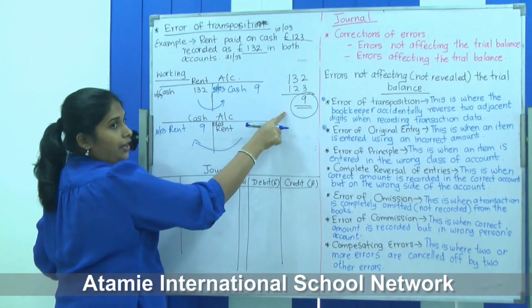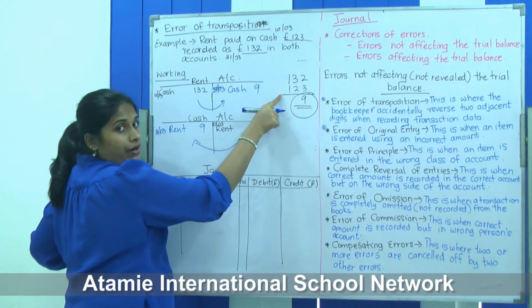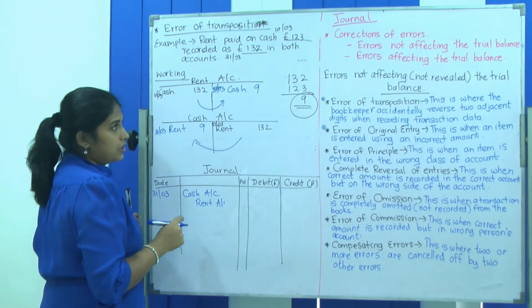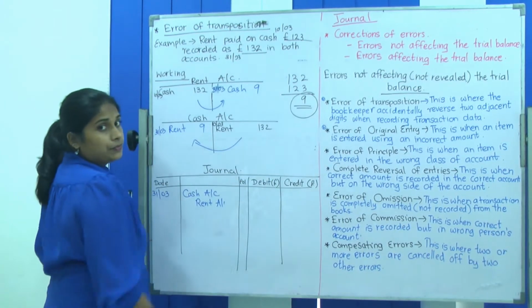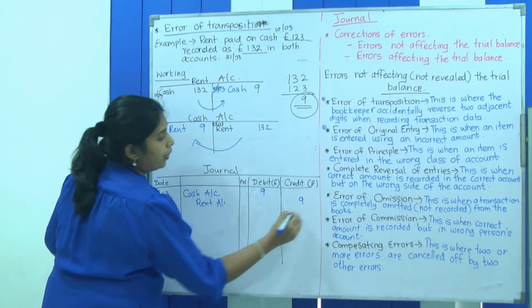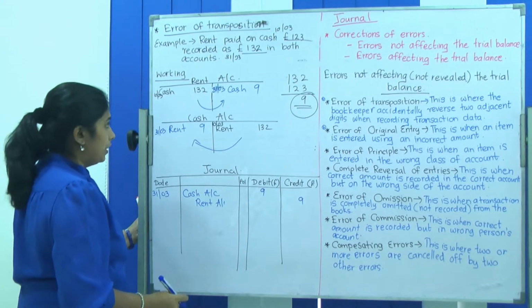How did you find the 9 pounds? The actual amount is 123 pounds, but they have recorded it as 132. So there is an increase between the amounts of 9 pounds. So only that 9 pounds will be deducted from each account.